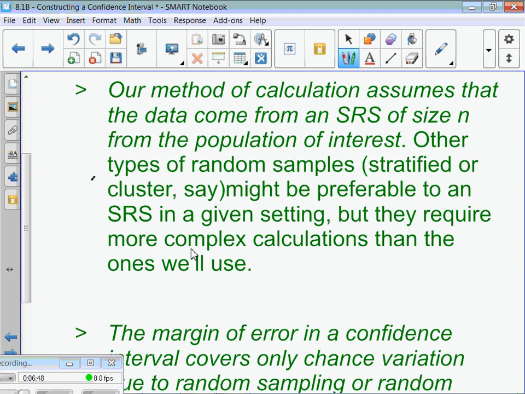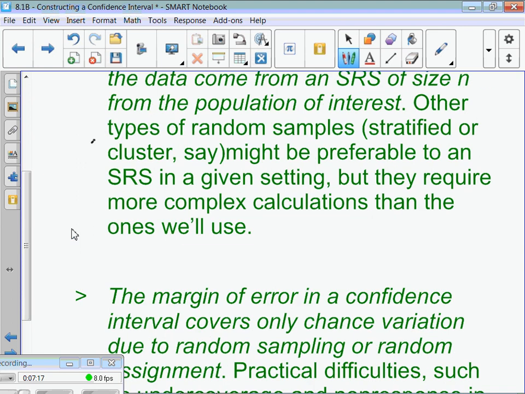This goes with samples, and it's when you group them by their alikeness, right? And then cluster is representative of the population, but it groups like all different stuff into it. So it's grouping by location. All right. So those might be preferable, but they require more complex calculations than the ones we're going to use. So you just assume all of these come from a simple random sample. All right, which it has to tell you in the problem that it comes from a random sample.